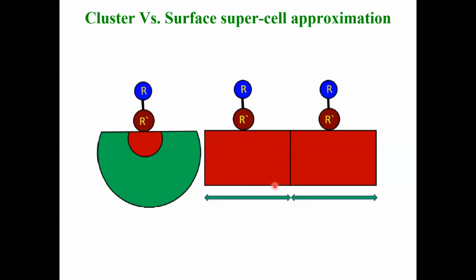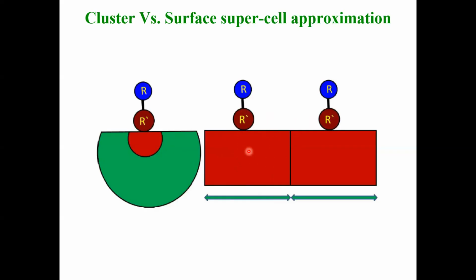The periodic boundary condition means this is a periodic cell, and whatever happens here also happens in this cell and in this cell also. Because of periodic boundary condition, this part is exactly the same as this part. This part is the same as this part. There is a certain periodicity in this representation. However, the entire part is computed using the methods of quantum mechanics. There is no classical representation here.